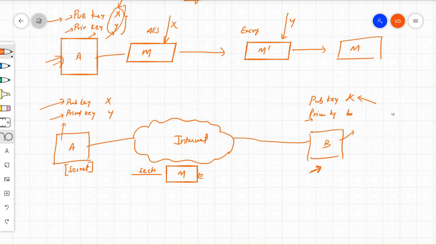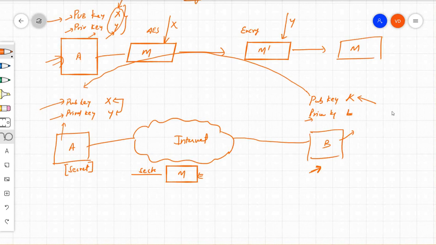And you know one relationship between X and Y also: if any message is encrypted using X, I can open it using Y. So there are many mechanisms available in the digital world to distribute these public keys. So I can transport this public key from here to here by those means.